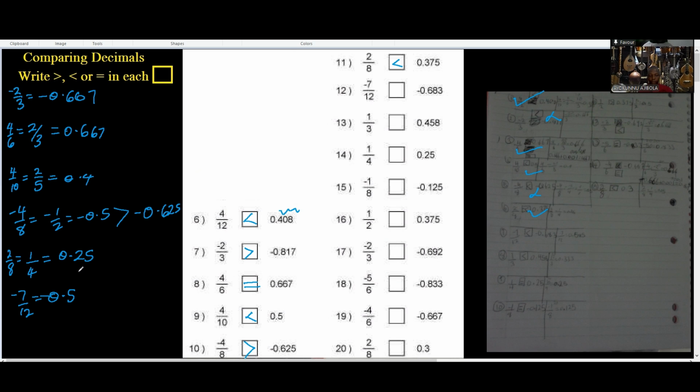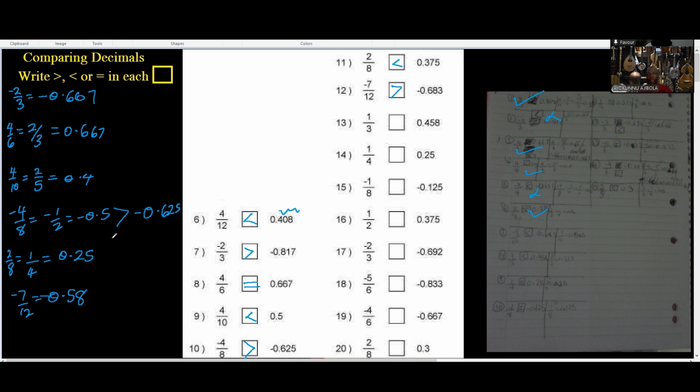In 100, how many 12? That's 8. And you can see, okay, this is already minus 0.58, and it's obviously bigger than minus 0.68, okay? Even if it's remaining anything, it's still the same.